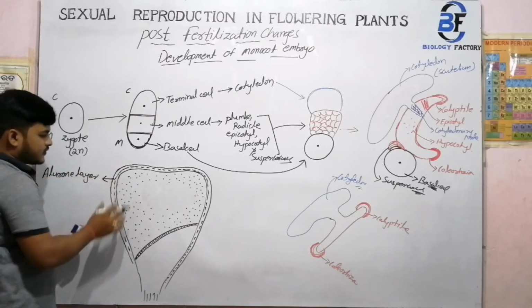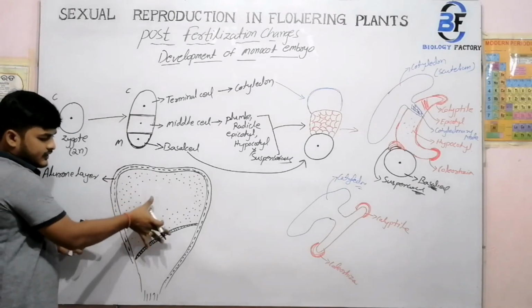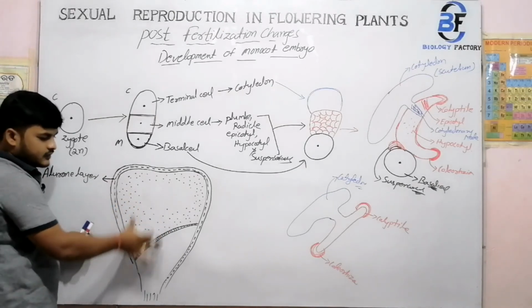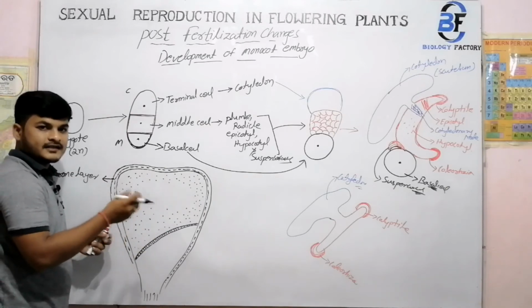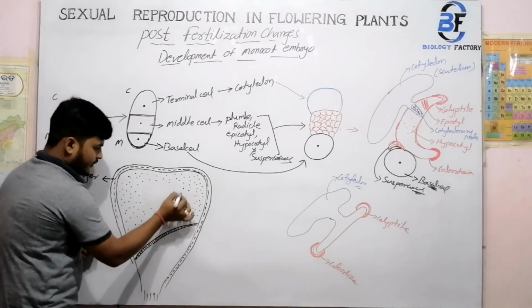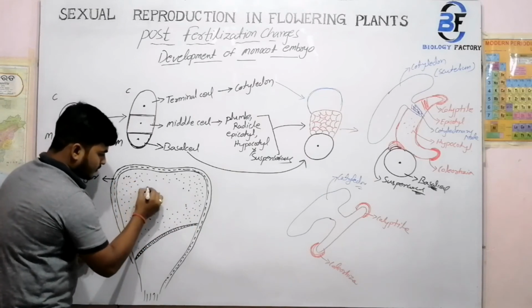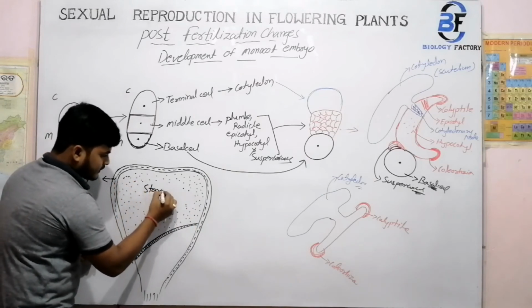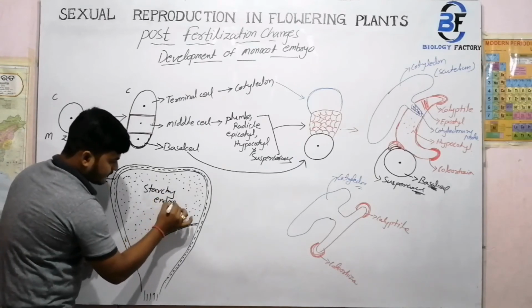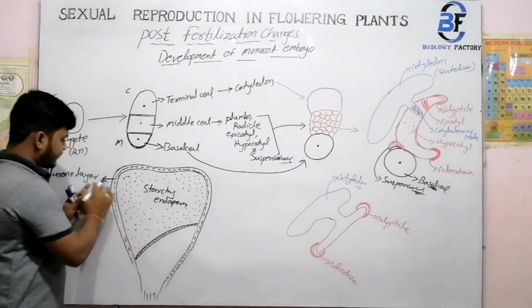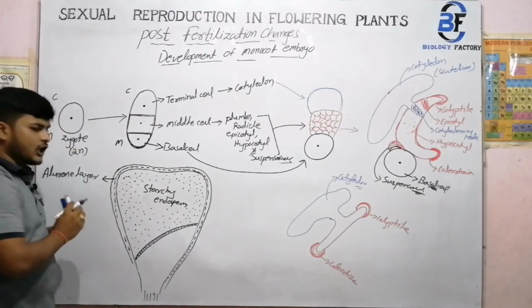And after the aleurone layer, you see that two compartments are formed in your maize seed. And the bigger one is for the starchy endosperm. That means it contains a number of nutrient materials, and is otherwise known as starchy endosperm. And the other one is your aleurone.